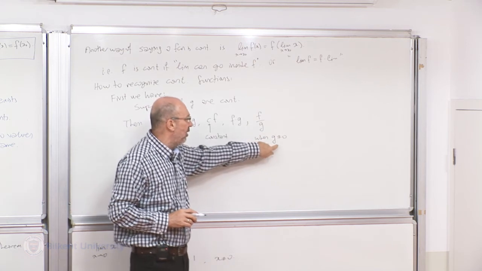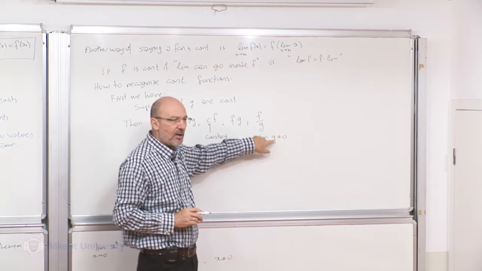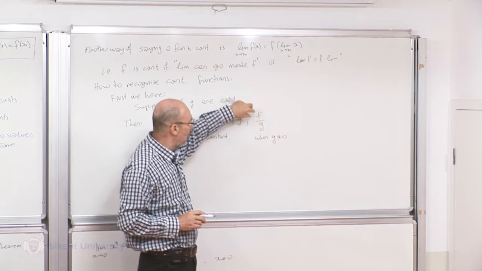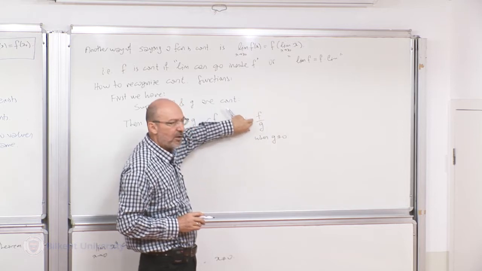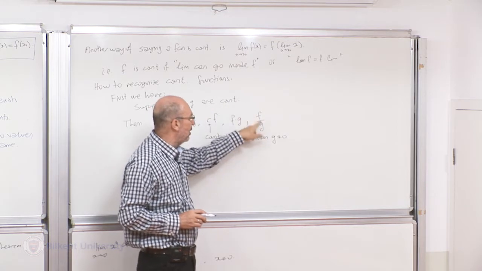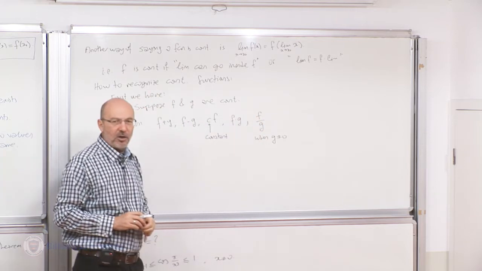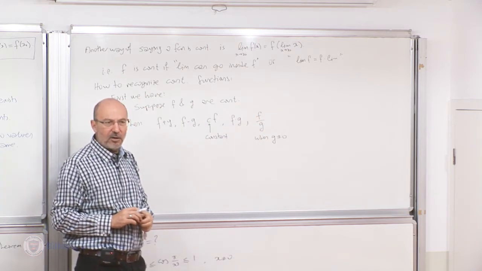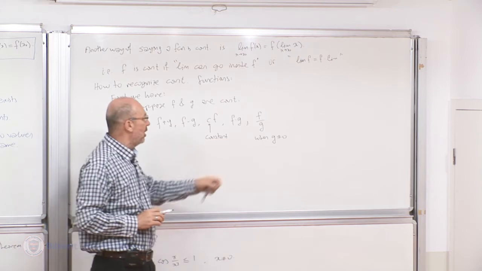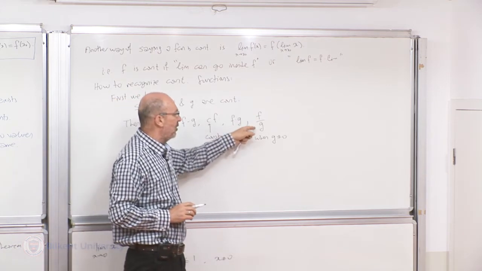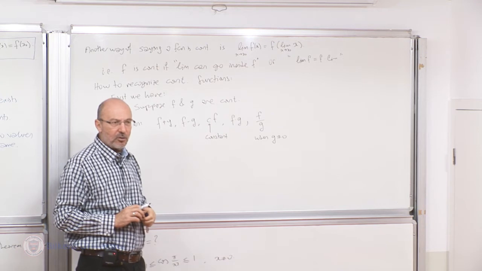But if at x sub 0 g is different than 0, then in some small neighborhood around x sub 0, this function will be defined. So when I say this, we are talking about f over g wherever it makes sense, wherever the denominator is different than 0. In that case, if f and g are continuous, their ratio is also continuous.